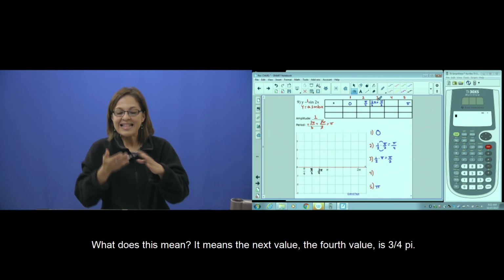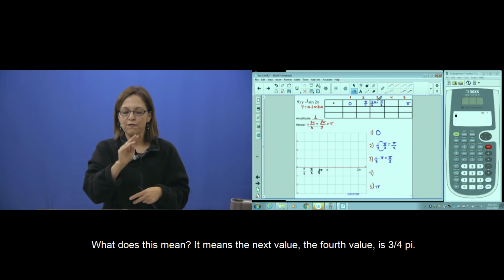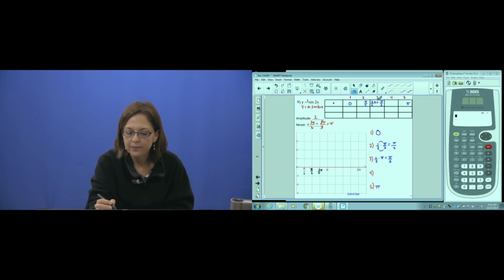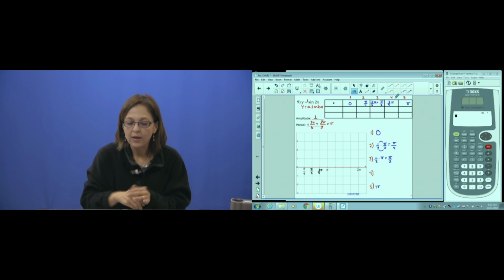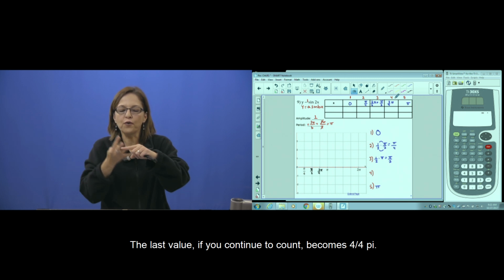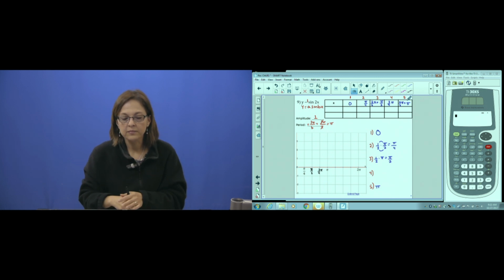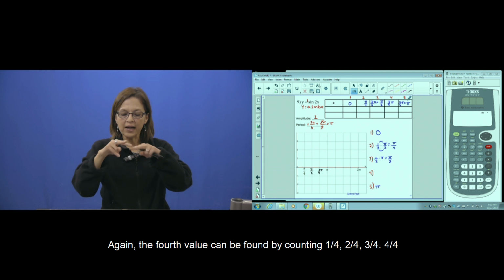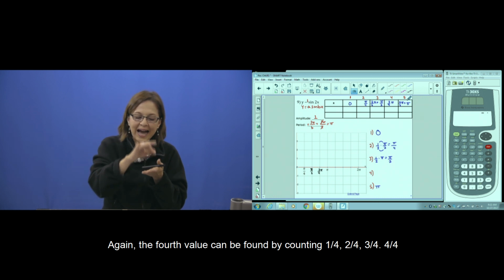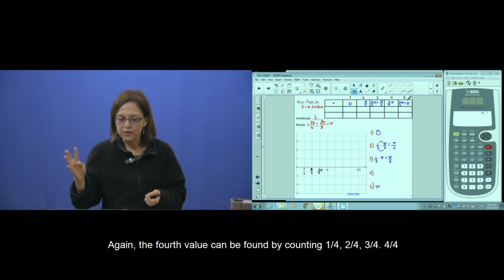The next, the fourth value is 3/4 of pi. Because the last, if you continue counting, becomes 4/4. The fourth value can be found counting 1/4, 2/4, 3/4, 4/4.